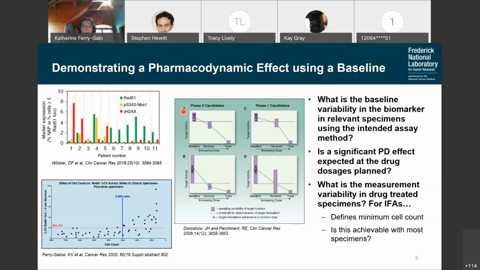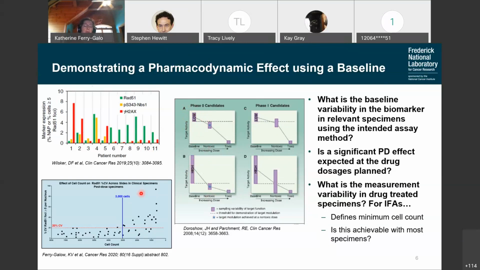For example, in a phase 0 trial, the dosages would be non-toxic. And so depending on if you have low or high baseline variability, the response curve is very relevant in order to determine if that measurement is suitable in that situation.